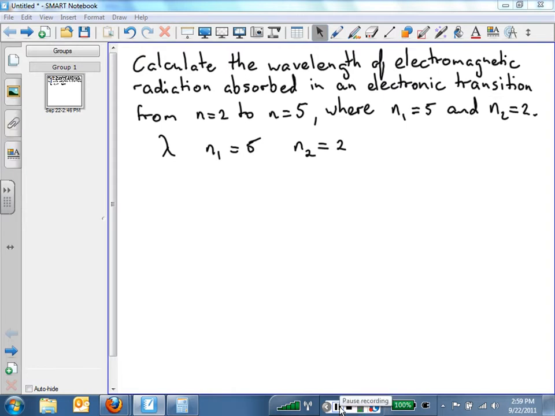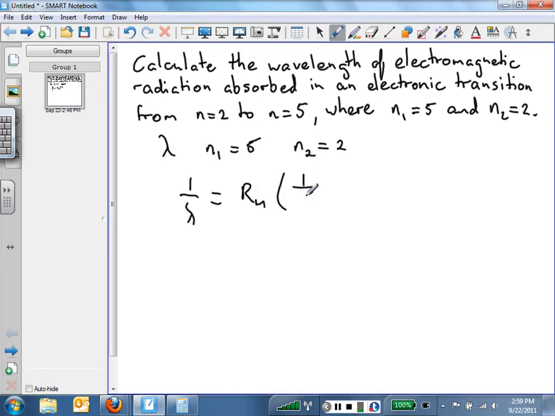We next identify an equation that relates lambda, n1 and n2. In this case, we have the Rydberg equation. 1 over lambda equals RH, the Rydberg constant, times 1 over n1 squared minus 1 over n2 squared.